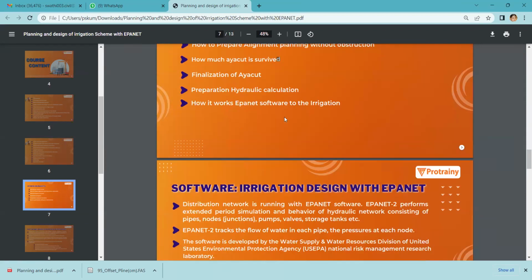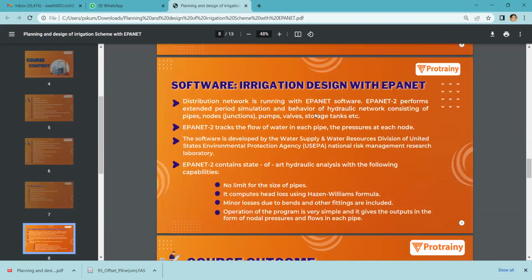How the Epanet software works for irrigation is the main concept of our tutorial. First of all, this course is mainly based on Epanet. Epanet is nothing but a pressurized system for pipe design, that means the distribution network is run in Epanet software.